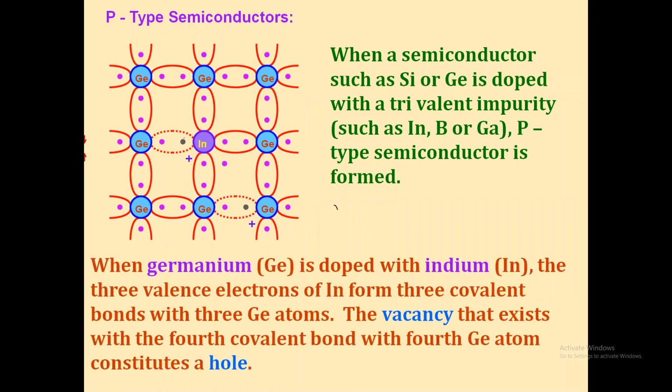When germanium, a pure semiconductor, is doped with indium, the 3 valence electrons of indium form 3 covalent bonds with 3 germanium atoms. The vacancy that exists in the 4th covalent bond with the 4th germanium atom constitutes a hole. So the dotted covalent bond, that's why we say that it's incomplete. We call it a hole.